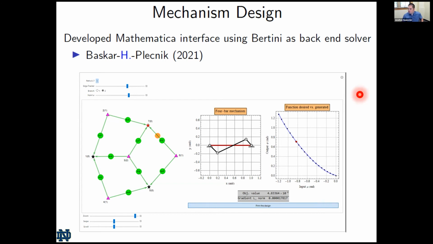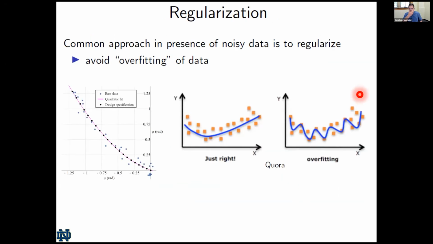Great. So now let's move on to my last example, which is on regularization. Commonly, you're going to have noisy data. So when you look at this response data from moving your finger, you get noisy data. It doesn't quite fit this quadratic curve.